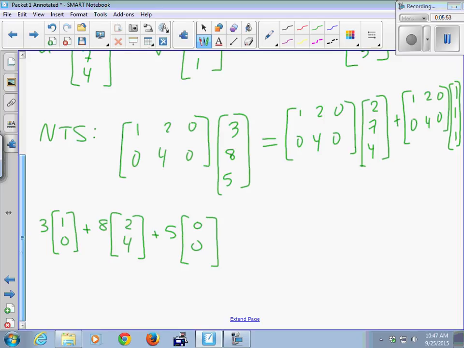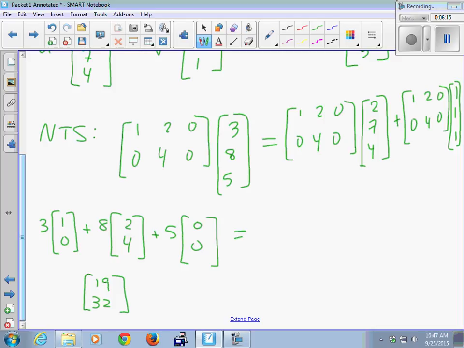That comes out to 3 plus 16 plus 0, which is 19, and then 0 plus 32 plus 0 is 32. So that's my left-hand side. I did the addition first and then multiplied by the matrix.